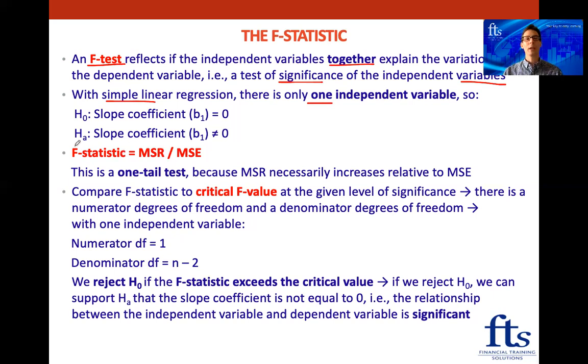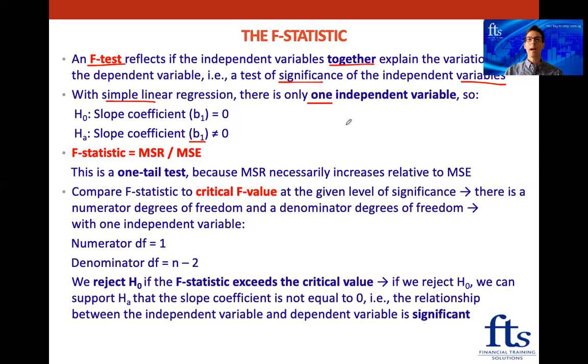So I like to start here with the alternative hypothesis. And the good thing about this is that we're also going to be revising our hypothesis testing here. So the alternative hypothesis is, this is what we want to support, that the slope coefficient is not 0. We want it to be significant.